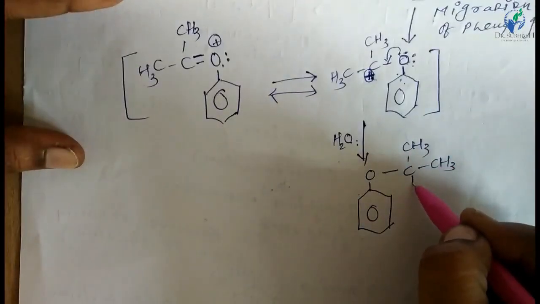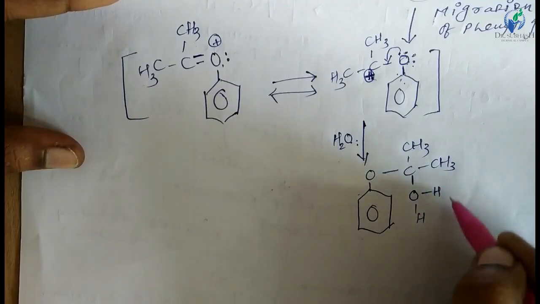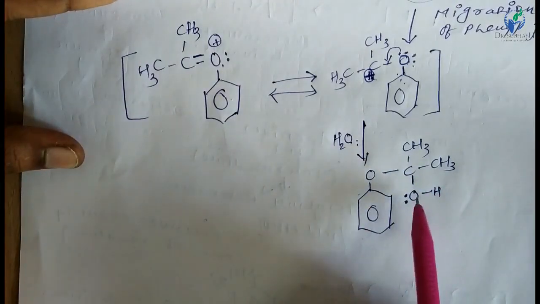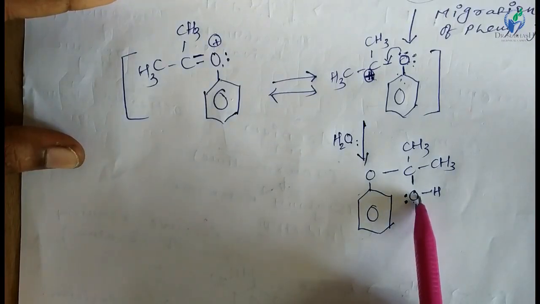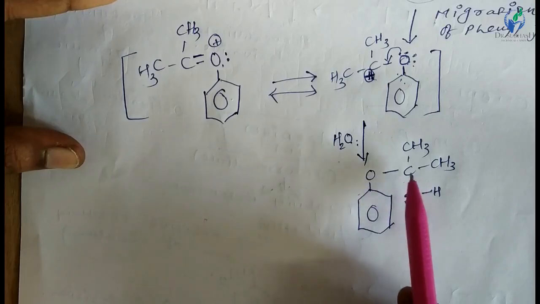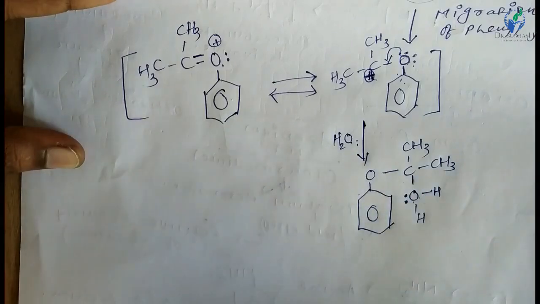See how here, this is the water molecule, and its oxygen uses one lone pair of electrons out of two to bind with this carbon atom, positively charged carbon atom, right? So it is the addition of the water molecule to the positively charged carbon, right?